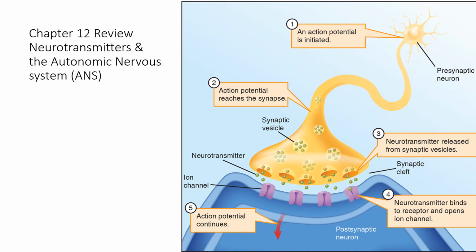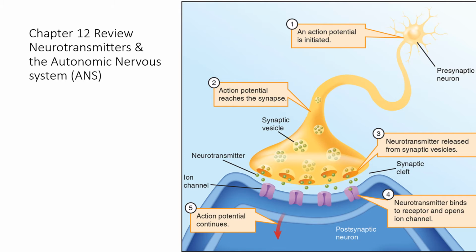You're still going to have a nerve with an action potential going along it, whether it's the parasympathetic or sympathetic. You're going to have neurotransmitters stored in vesicles at the end of the nerve. The action potential is going to release neurotransmitters, and the neurotransmitter is different on the two sides.